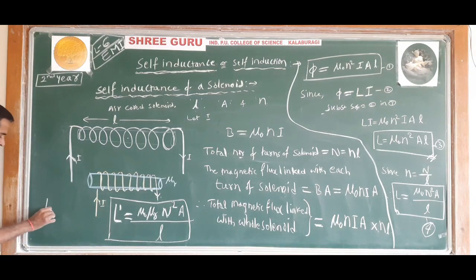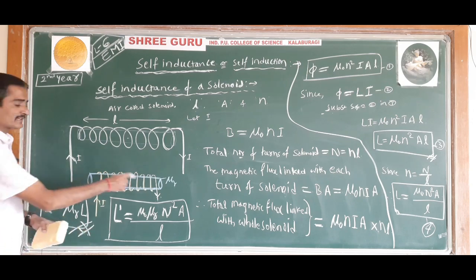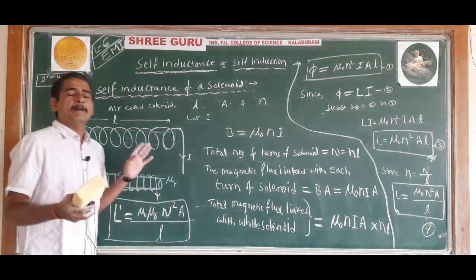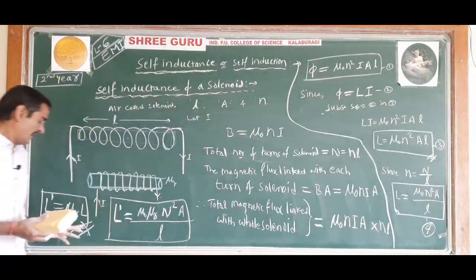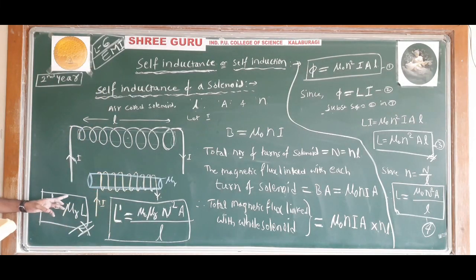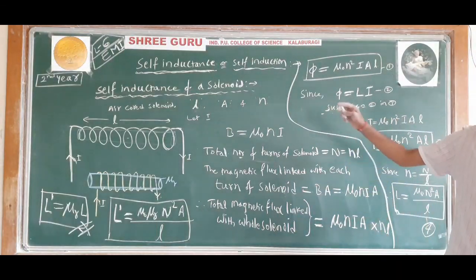Thus you can write L dash is equal to mu r into L. L dash is the self-inductance of the material cored solenoid, and L is the self-inductance of the air cored solenoid, and mu r is the relative permeability of that material. Understood? Okay. So this is about self-inductance of a solenoid.